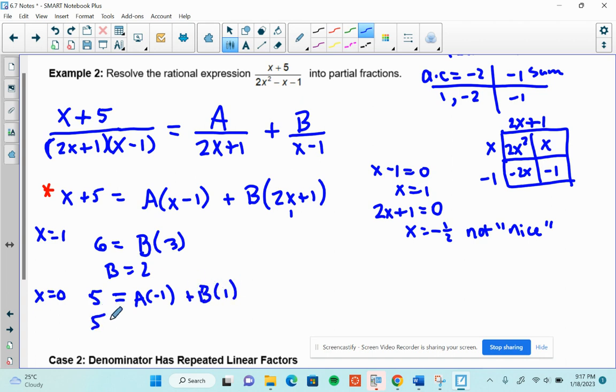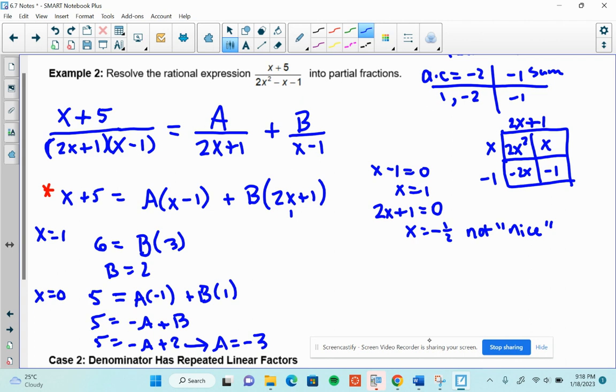Or in other words, 5 equals negative a plus b. But I already know that b is 2, so 5 equals negative a plus 2. Solve that for a. We get negative a equals 3, so a equals negative 3.